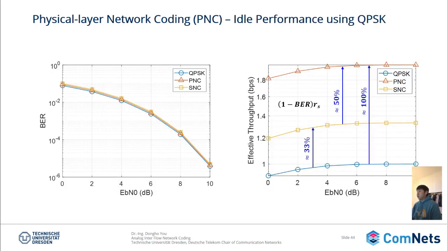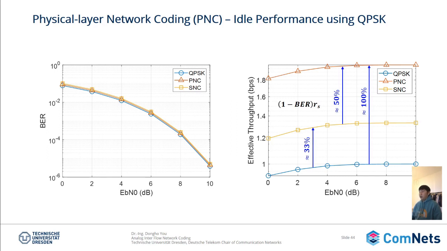Okay, now let's see the ideal performance of the physical layer network coding. Since we didn't consider critical issues such as synchronization and errors, I called it the ideal performance.